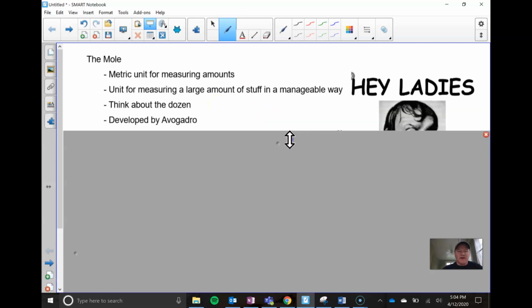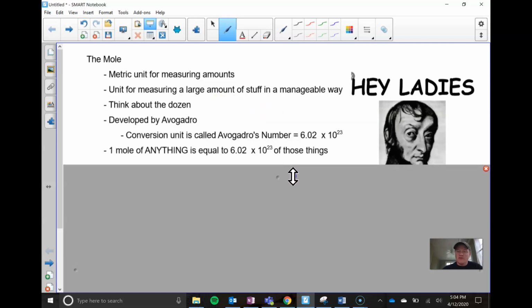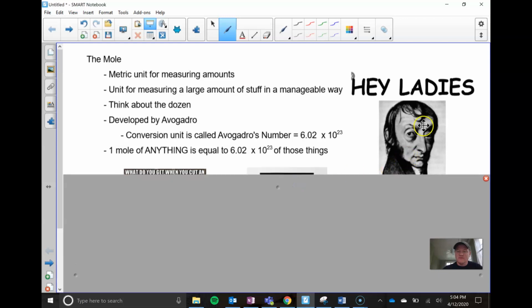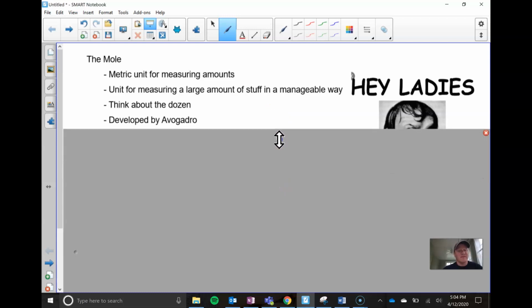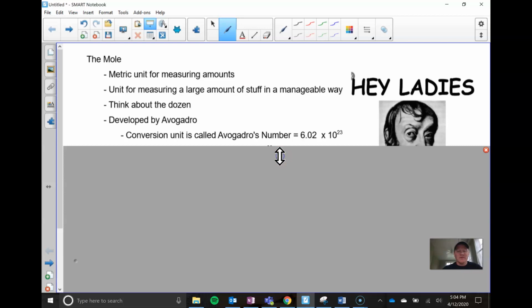And that's the way that the mole is in science and chemistry. We find that the mole was developed by this guy over here. He's a looker. Look at that guy. His name is Avogadro. Not avocado, but Avogadro. And here's his number that he came up with. It's a conversion unit. We call it Avogadro's number. And it is 6.02 times 10 to the 23rd.